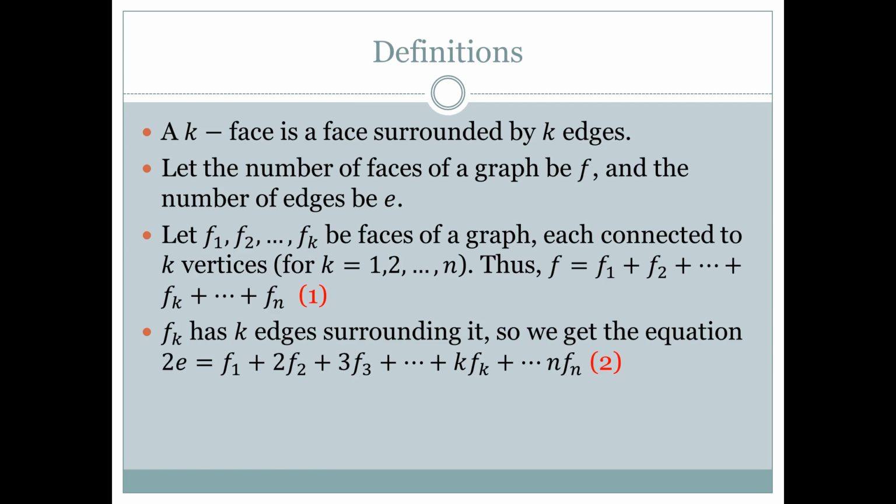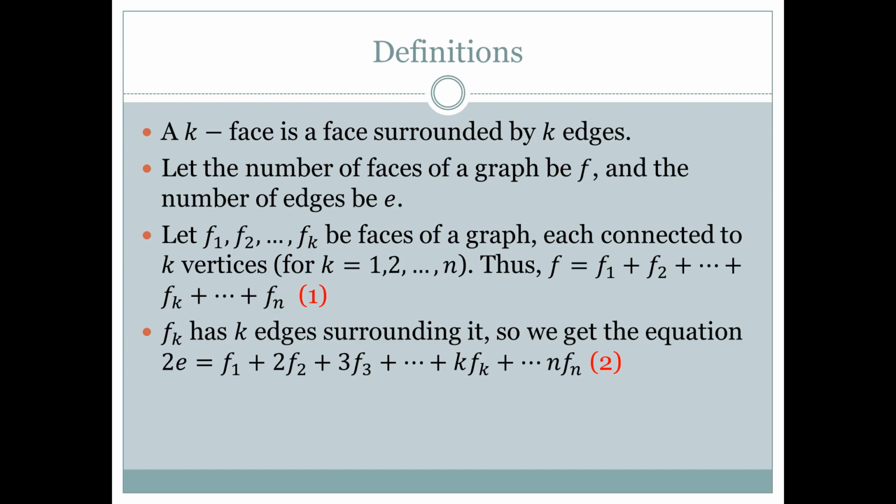So if we multiply the number of K faces by K, and then add those all up, we'll get 2 times the number of edges. This is because for each edge, there'll be 2 faces. So it's basically counting the edges twice.